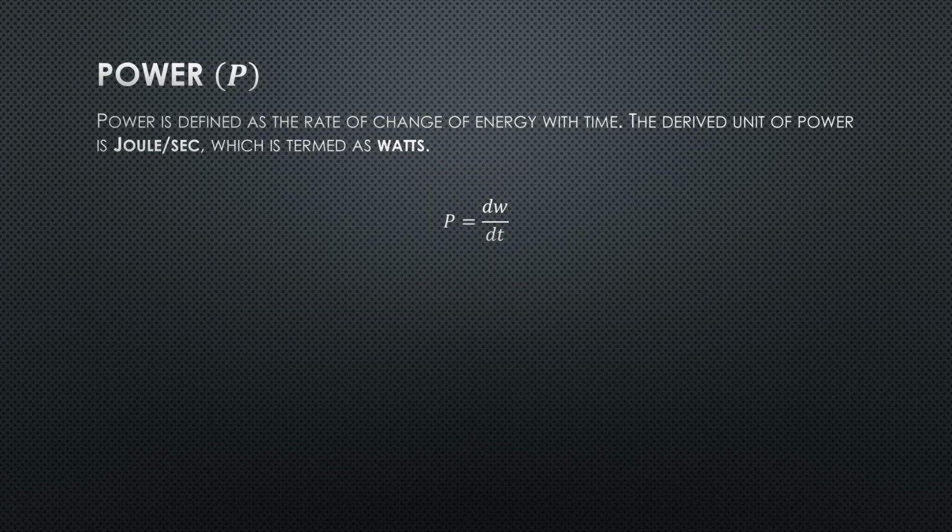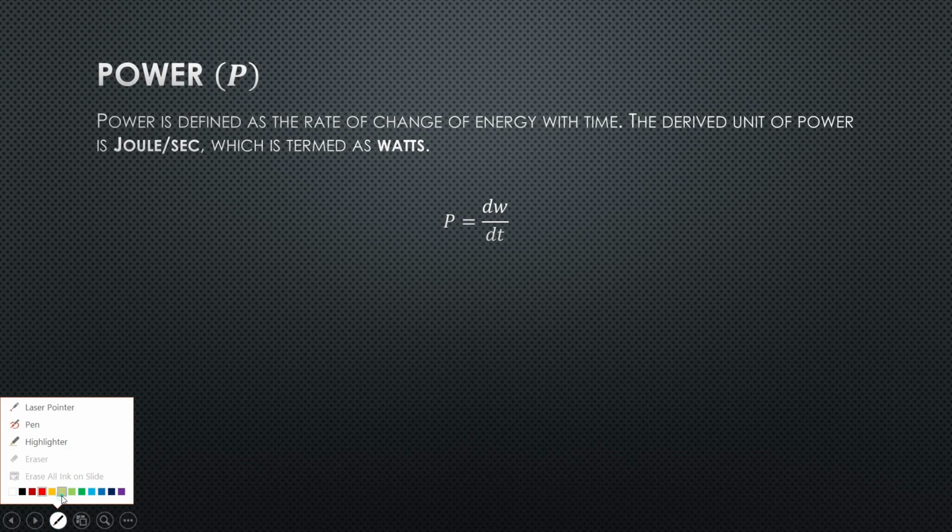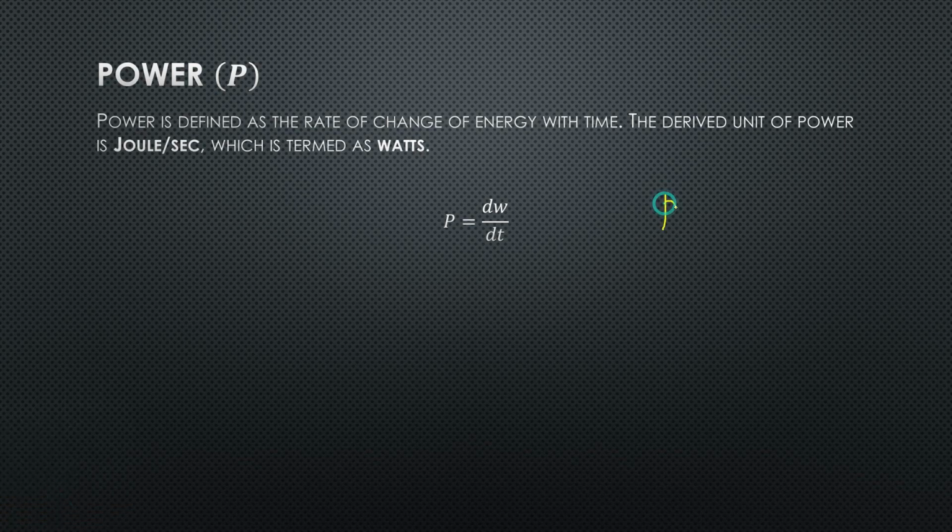So power is defined as the rate of change of energy with time. The derived unit of power is joule per second, which is termed as watts. So power can also be written as work or energy per unit time. So joule per second, and that joule per second gives you the unit watts.